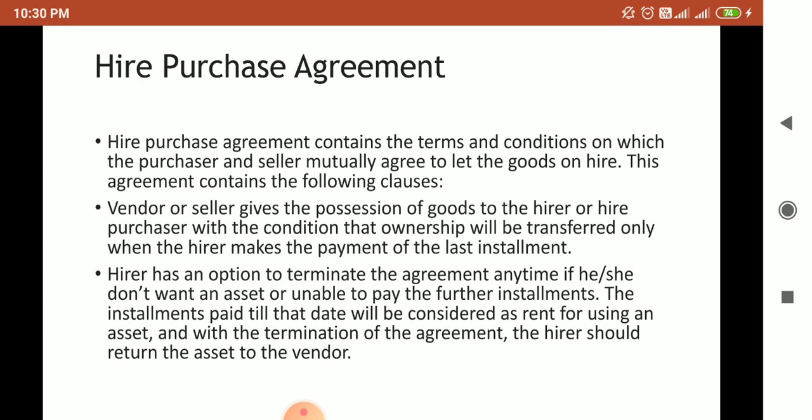Some of the terms in this agreement are: number one, the vendor or seller gives the possession of goods to the hirer or hire purchaser with the condition that the ownership will be transferred only when the hirer makes the payment of the last installment.